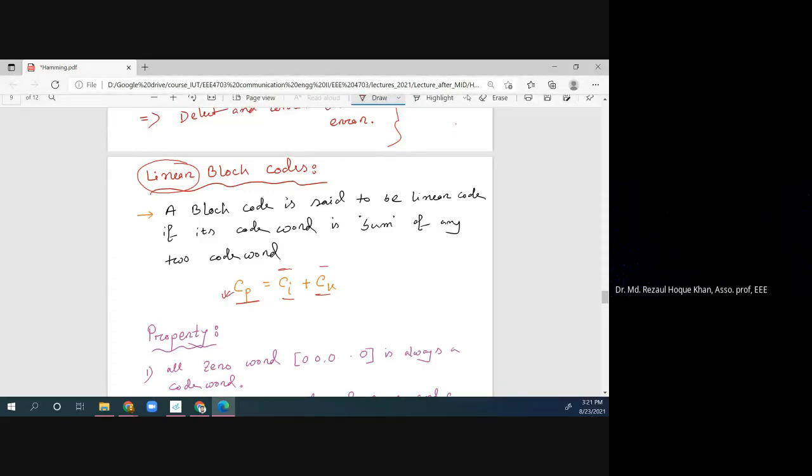It means this is a linear block code. By adding one block code with another independent block code, you generate another block code. If they are equal to the sum, then this is called a linear block code.